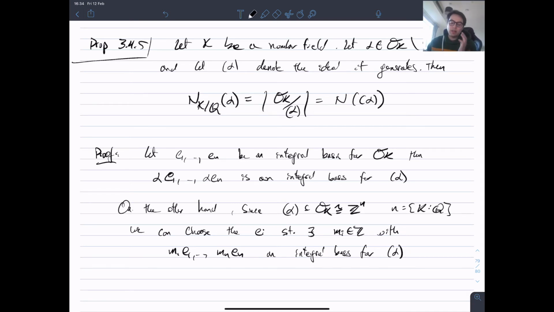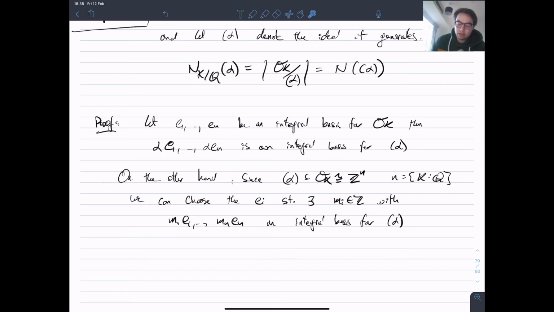So I'm writing down two different bases for this ideal generated by alpha. Because my ideal lives in something like Z^n, I can always multiply through by some appropriate m_i's to make sure that my original basis looks like some copies of Z^n for my ideal (alpha).